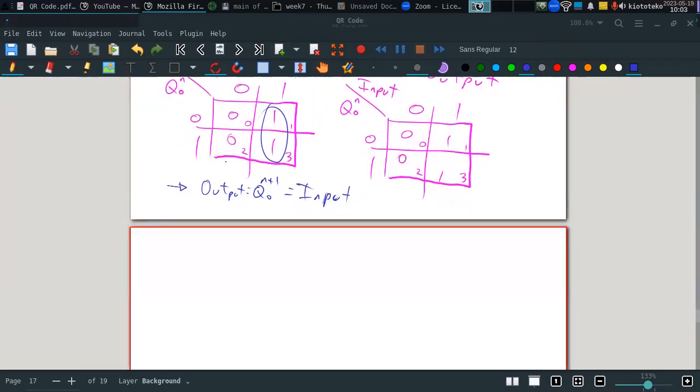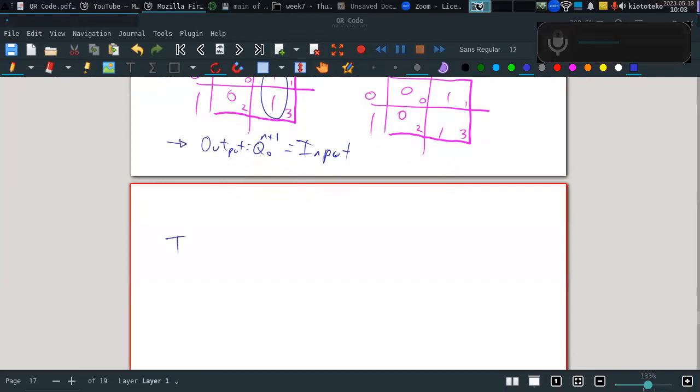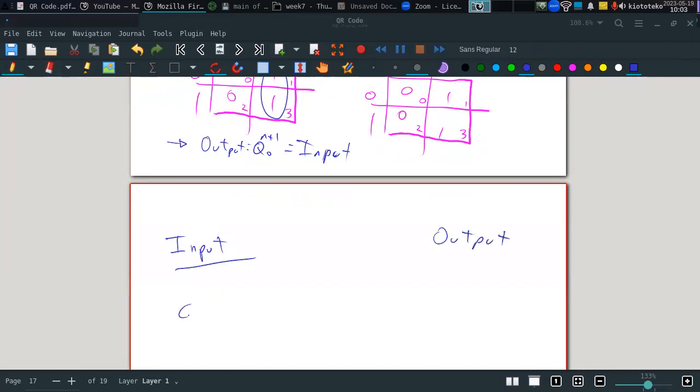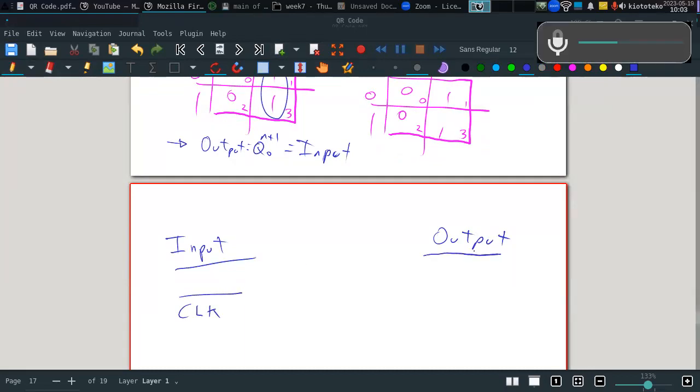Let's say we have, I'm going to help you, our input signal, our output signal, and our clock signal. So how do we do this? What do we need here? Anyone? How do we build this circuit?